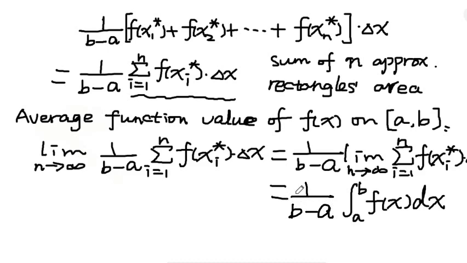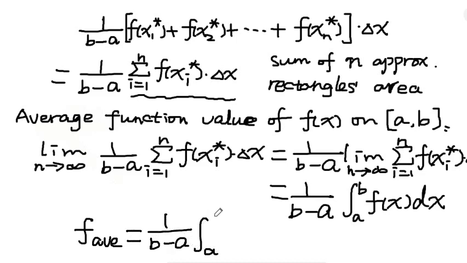So what is the average value of a function? The f average can be defined as the definite integral: 1 over b minus a times the integral from a to b of f(x) dx.